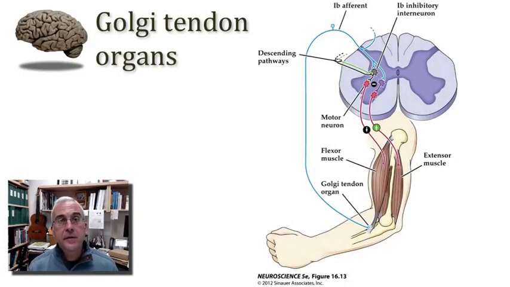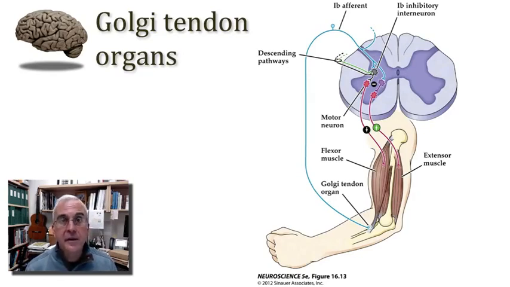Now, we can think of this system in operation as a form of negative feedback. The Golgi tendon organ is going to be activated by the tension that's generated as the muscle contracts, and the physiological effect of that sensory signal is going to be to diminish the output of the alpha motor neurons that supply the contracting muscle, and thereby reduce the amount of tension that's generated.